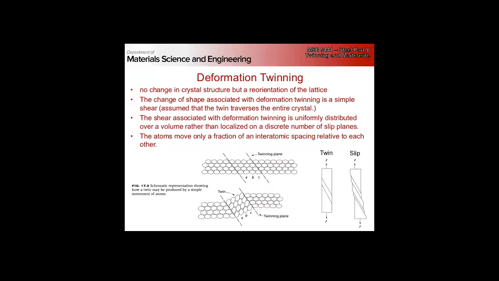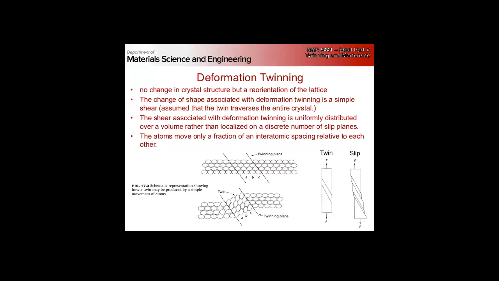We've got atoms, planes of atoms, and this is schematic, right? And then you see we get this sheared region, and it makes almost like a kink in the structure here.